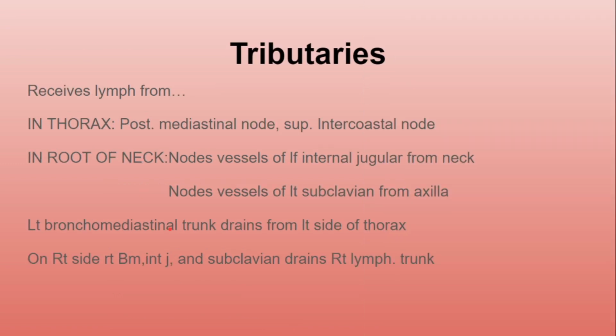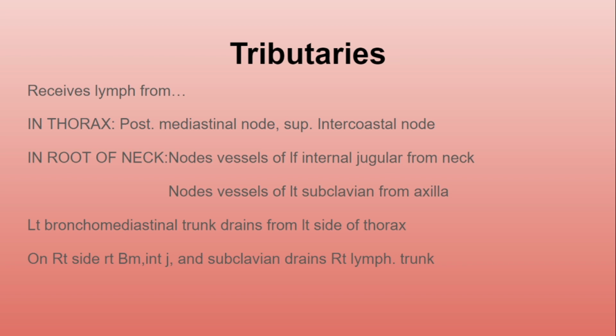Okay, now tributaries of the thoracic duct. To understand that, let's divide the body into 2 parts, above the diaphragm and below the diaphragm. The thoracic duct receives lymph from both parts of the body below the diaphragm, that means from both the right and left parts, and above the diaphragm only from the left side.